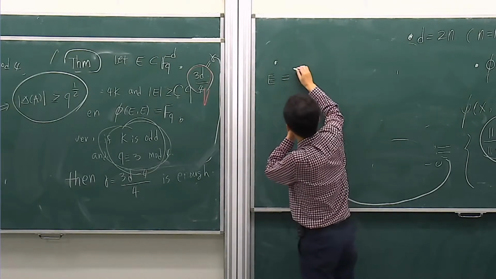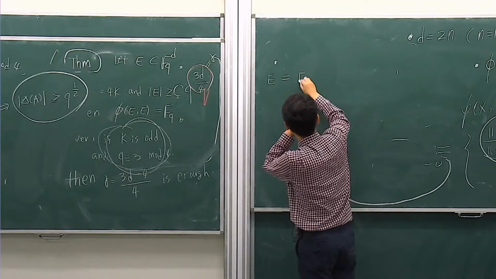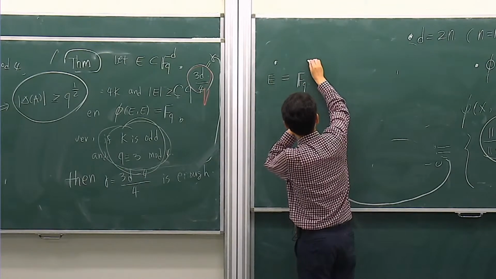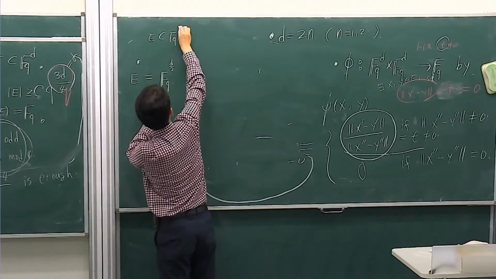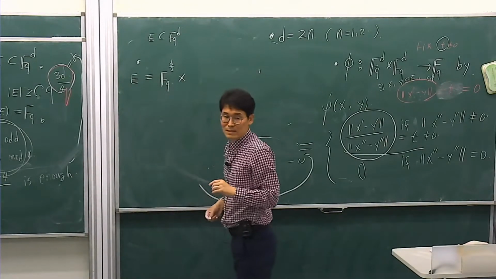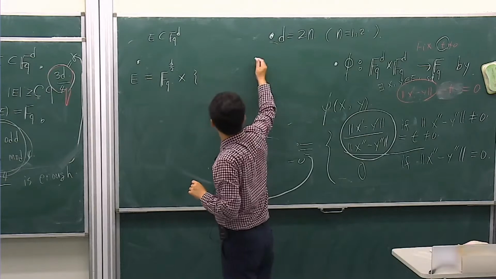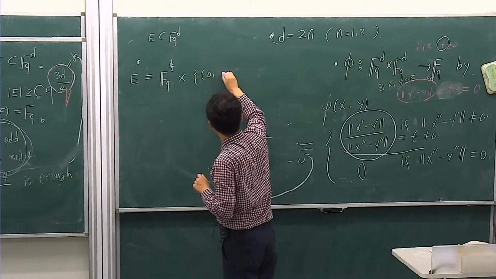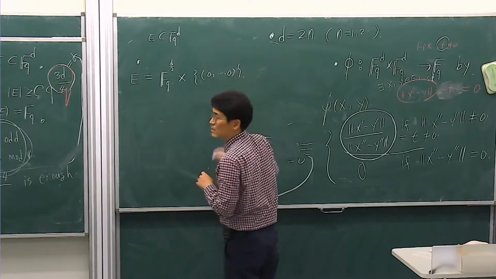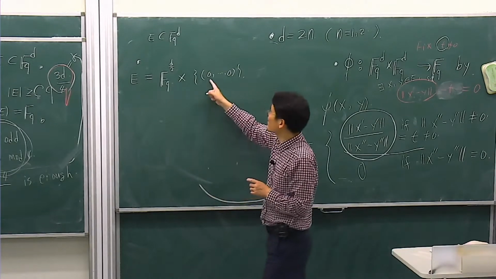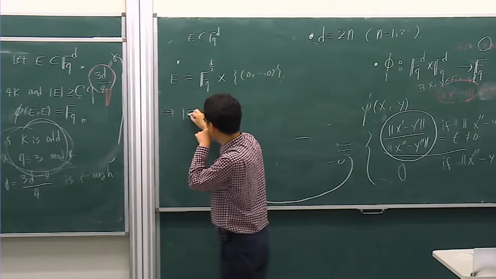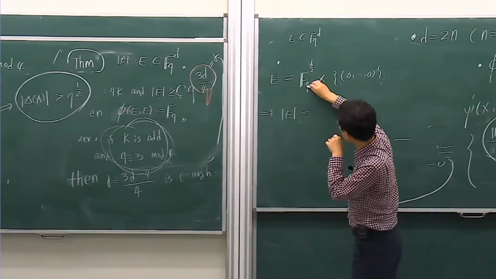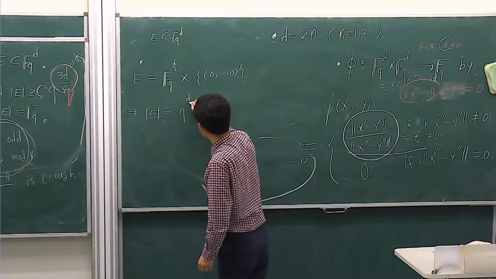In the general d case, half of the coordinates are just 0, I mean a single value. Then you can very easily check the size of E is q to the d over 2.